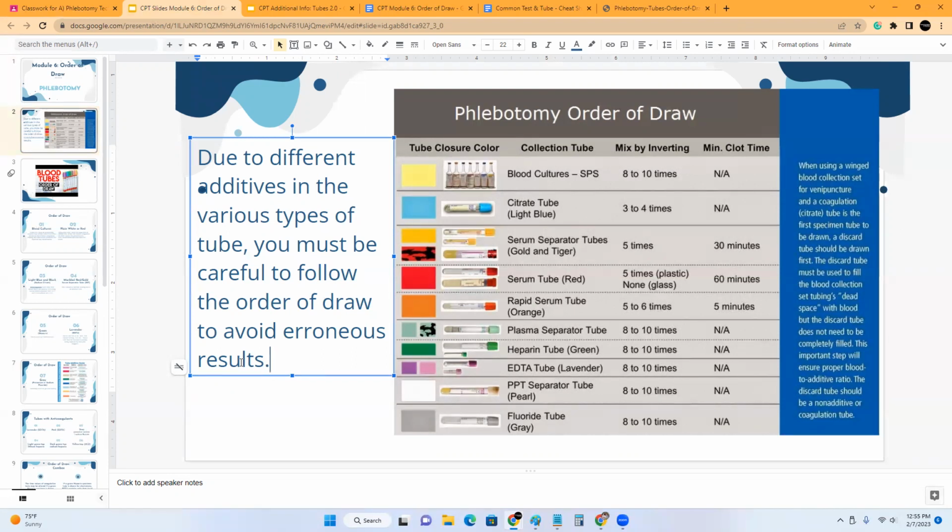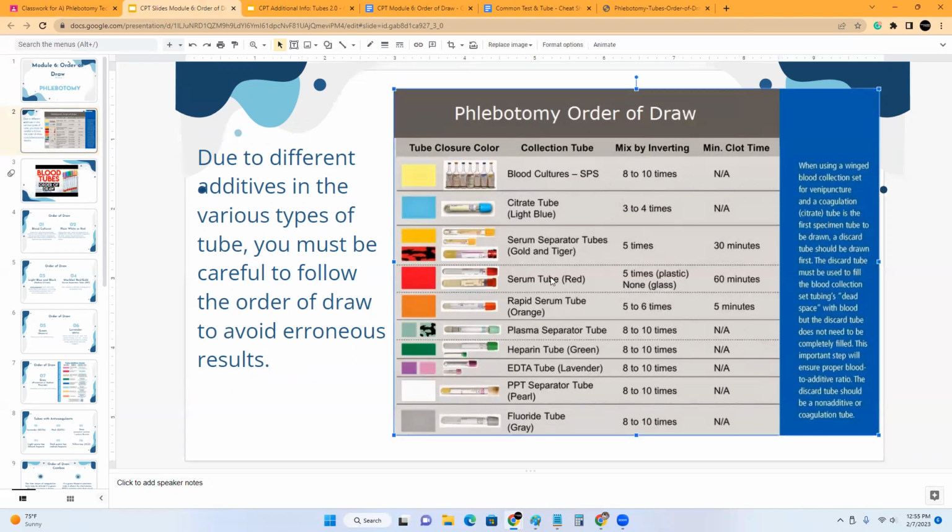So the very first one that you're going to draw always is going to be your culture tubes, okay? So on the list that you get, this one is from the NCLEX, but I did compare it to CLSI, which is the Clinical Laboratory Standards Institute.